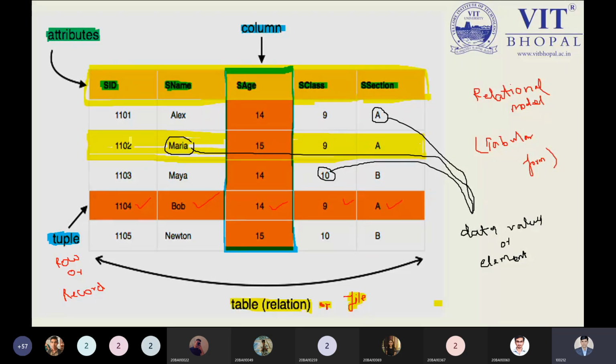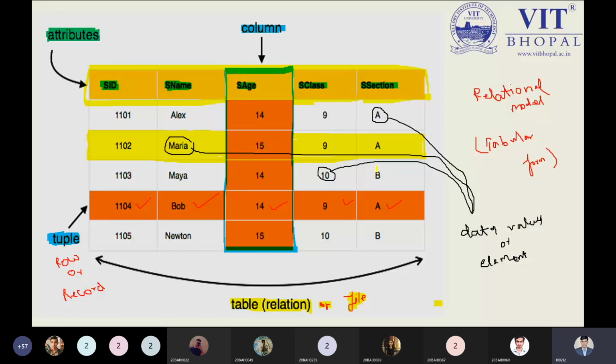What is meant by the tuple and what is meant by relational algebra, I will tell you later on. But we have to keep in mind, this is only a naming convention. So this is known as our row, and this is known as our tuple, and this is known as our record. After understanding this point, you are required to understand the next thing properly. The values I have marked over here with the arrow symbol, 8, Maria, Maya, Bob, Newton, are all the data values of the respective column.